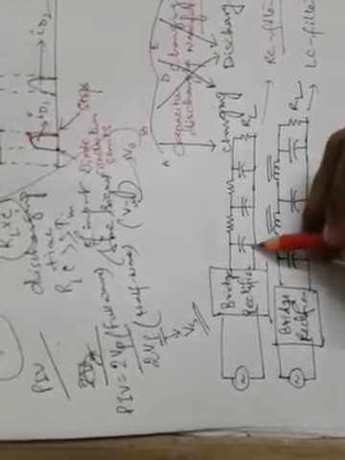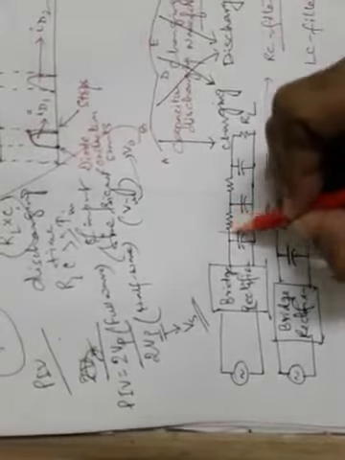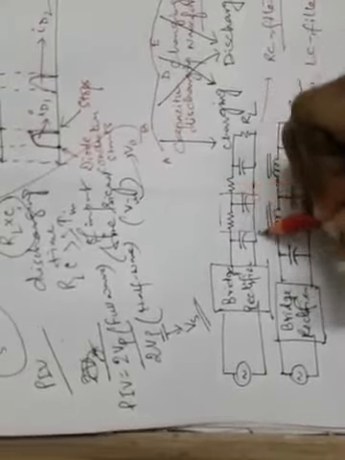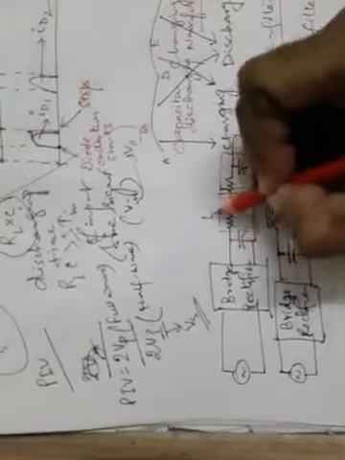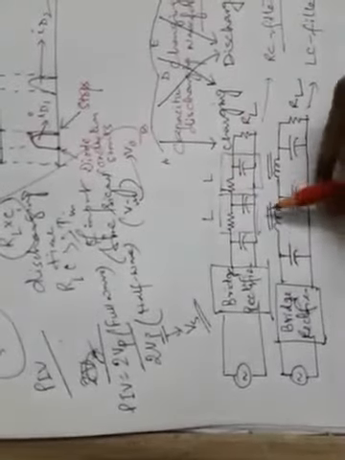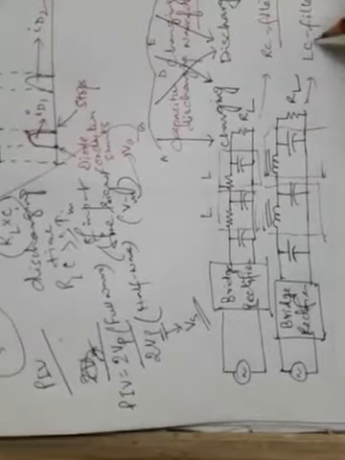Initially a shunt capacitor input filter, which we have just seen, is connected, and we can say that this is an L section filter and this is an L section filter. So this is two series connected L section filters comprised of RC, and these two are series connected L section filters comprised of LC.